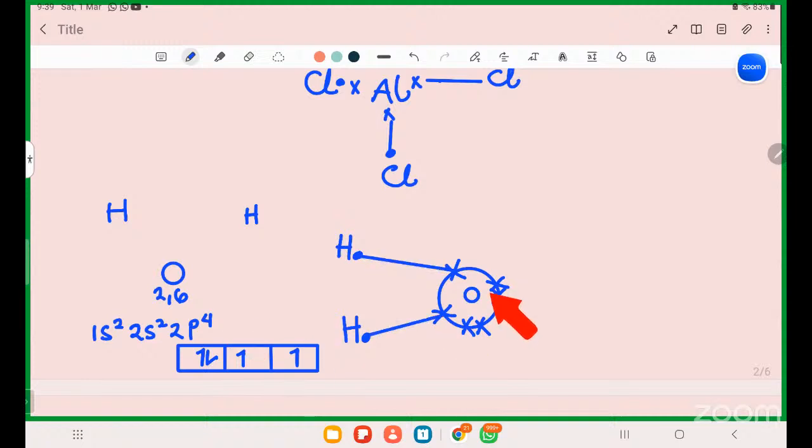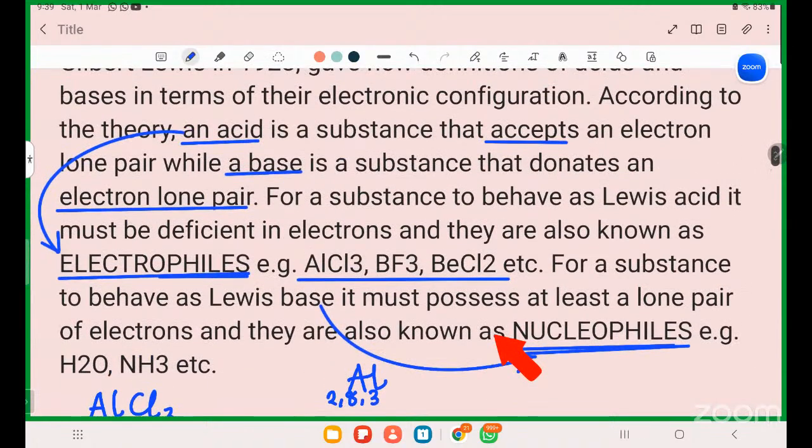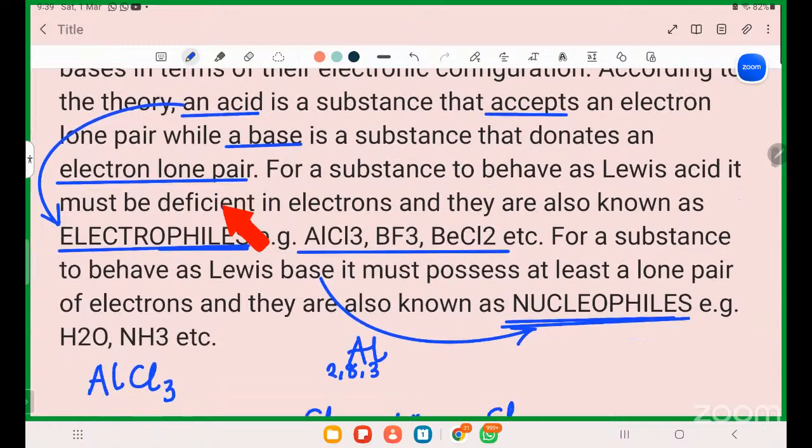Now, this is a lone pair of electrons. In water, meaning water has two lone pairs of electrons, so it can donate. Lewis defined a base as a substance that is capable of donating a lone pair of electrons.